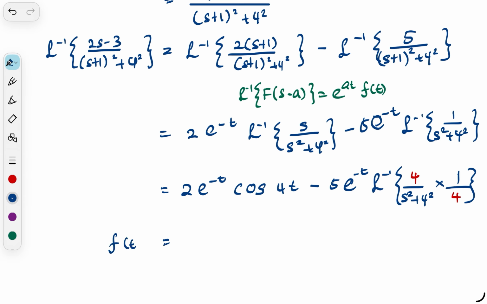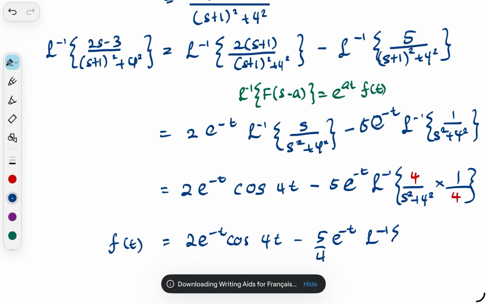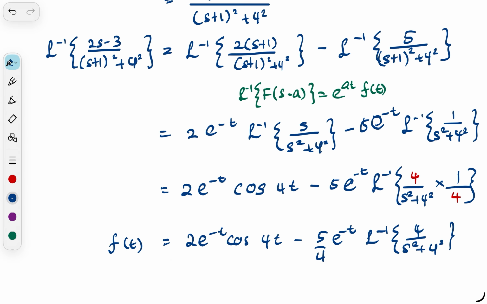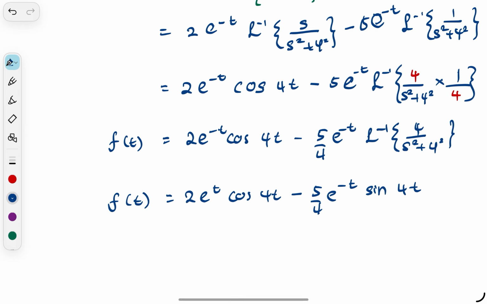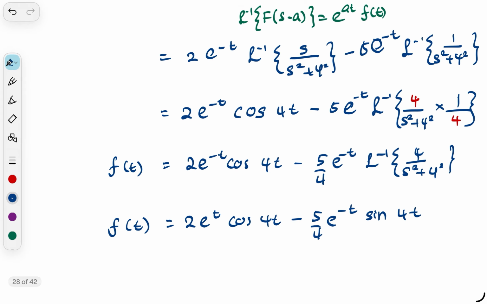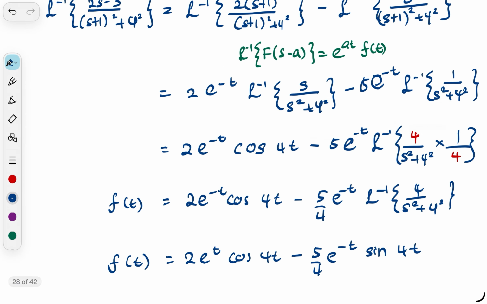So our f(t) is given by this. Okay, so that is the final answer for our inverse transform, but this time we use the completing the square method.